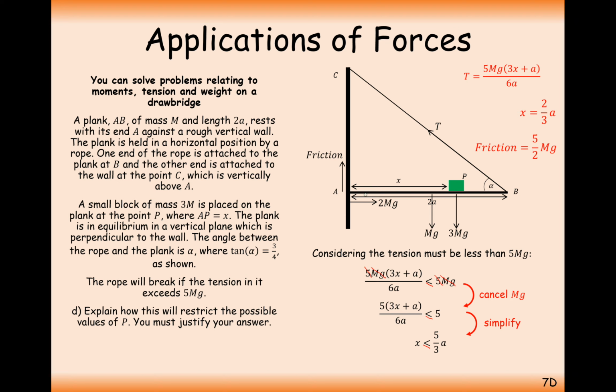Now what could we conclude about this? Well, the total length of A to B is 2a, or in other words 6 out of 3a. So what we're saying here is that the small block P can't be in the final 1/3 a portion of this beam, or it can't be in the final 1/6 portion of the beam in total.